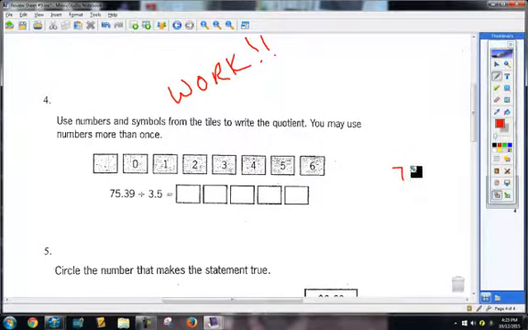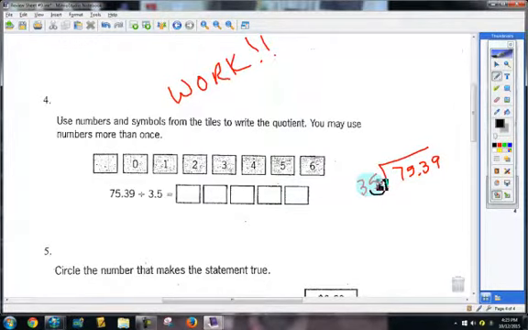Now, just so everybody is aware, you're going to cover this, but since we haven't yet, I'll put it on here. You cannot do long division with a decimal divisor. It's impossible. You can't have a decimal in your divisor. So what we have to do is move that decimal to make that 35.